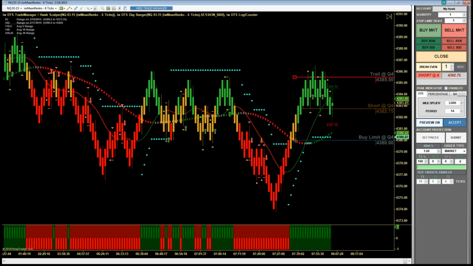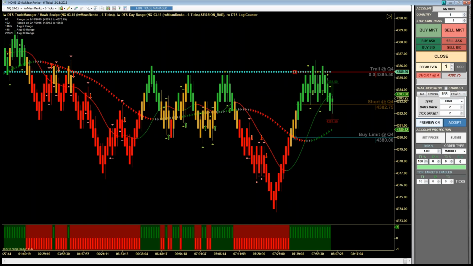Normally, it's just a matter of dialing it up a little bit. So the default is 2.618 because the programmer had a thing for Fibonacci numbers. Oops, we don't want to engage that just yet. So if you could eyeball it, you could say, okay, 3 ticks off is going to be right about there. Well, normally all you need to do is dial it up a few ticks, and that will get you to where you want to be.